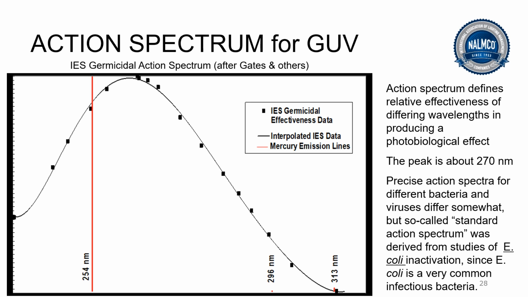Today, that term is discarded because we recognize that every virus and mold or bacteria has slightly differing action spectra, but as a general rule, the wavelengths around 270 nanometers are probably the most effective.